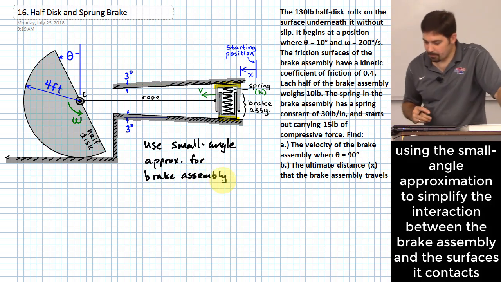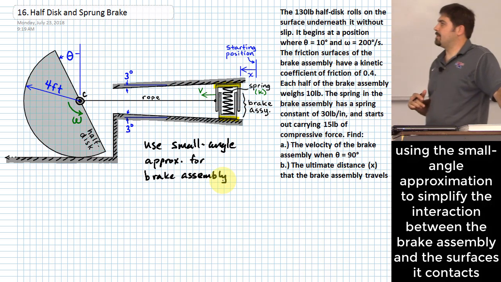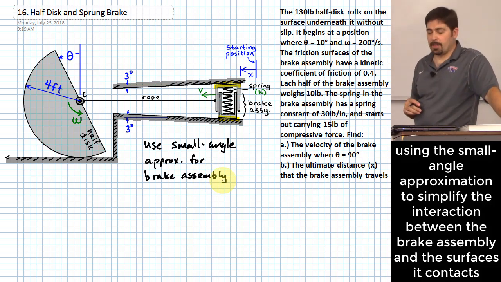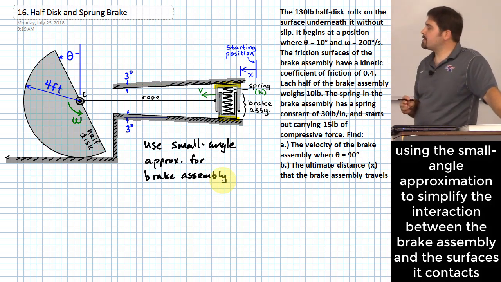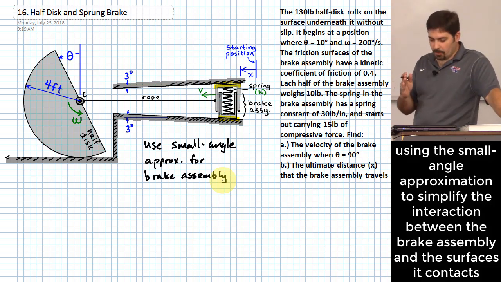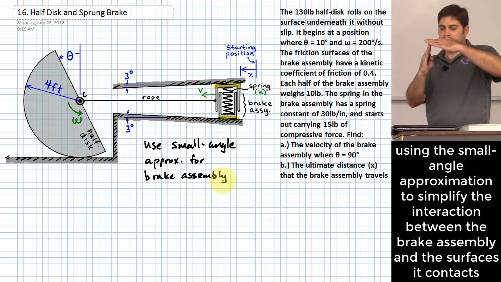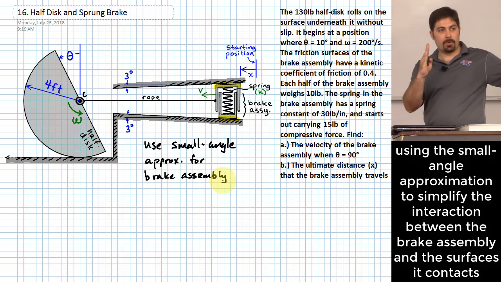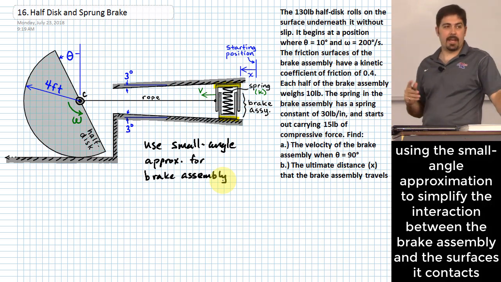I'm not really going to start with that, but I want to say up front that I'm planning on using this small angle approximation. Basically what I mean by that is that if you actually do the dynamic analysis of the brake assembly, the forces that act on those friction surfaces, you can't necessarily say that they are a normal force that is normal to the direction of the rope pull and then a frictional force that is parallel, because we have that slight angle right there.